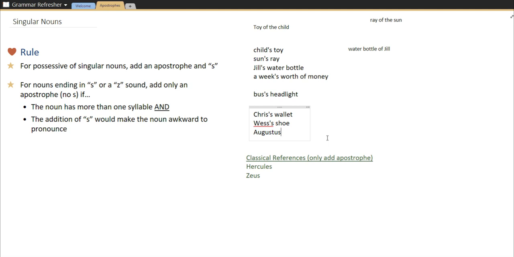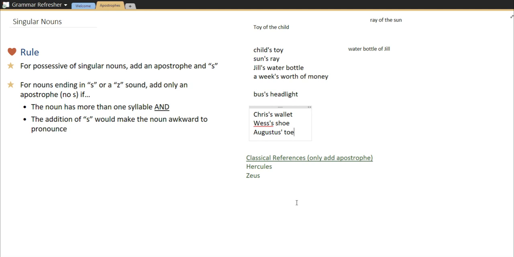You get a little tongue-tied. So here's an example of when you would only use the apostrophe. We mean one Augustus. Augustus' toe. That's a random word to say, isn't it, toe? So that would be the proper use of only an apostrophe at the end of a singular noun.